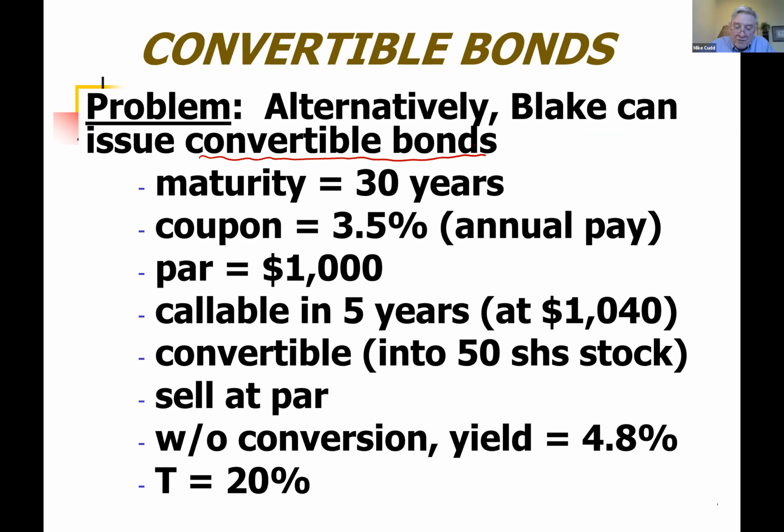These bonds would have a 30-year maturity and a 3.5% coupon rate. They would sell at par, for $1,000. Each bond would be convertible into 50 shares of stock.